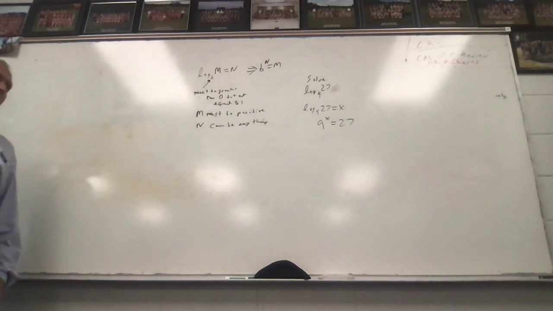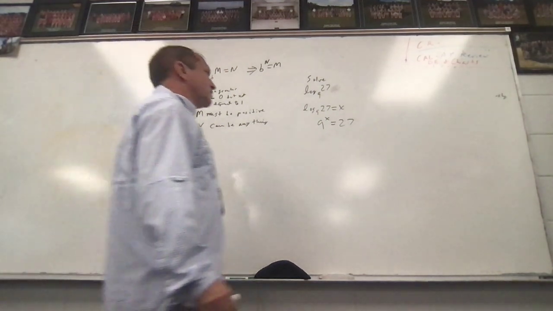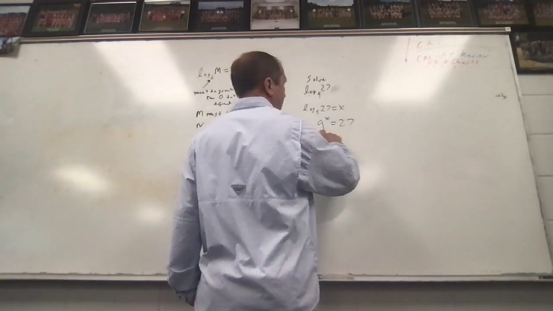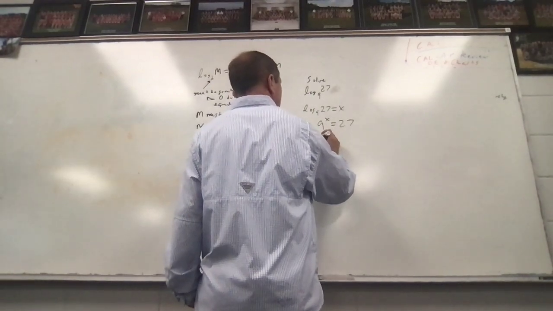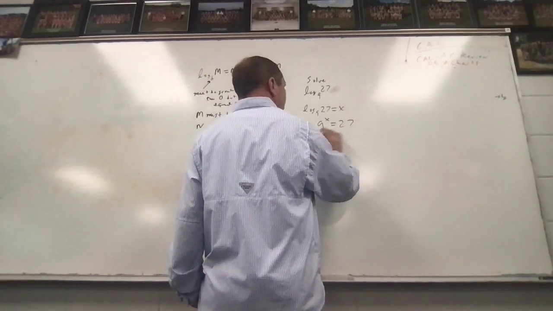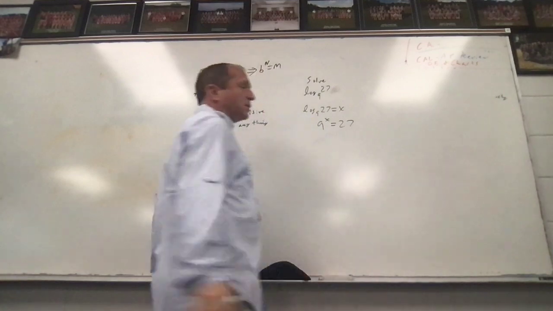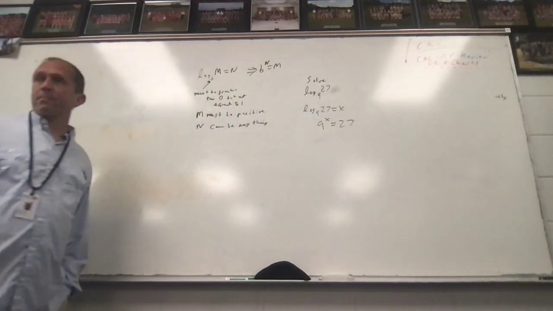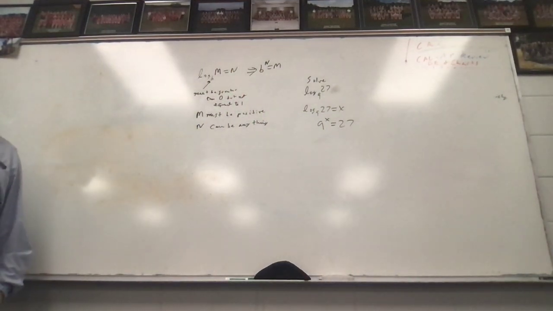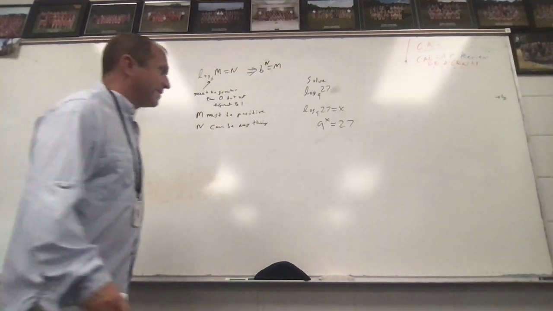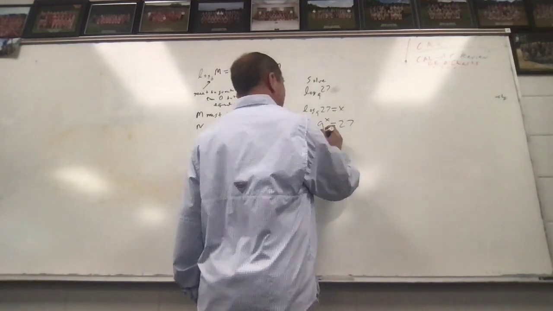So a good thing to do here is to take this and rewrite it. 9 and 27 do have a common base. And remember, it's all about that base. That never gets old.